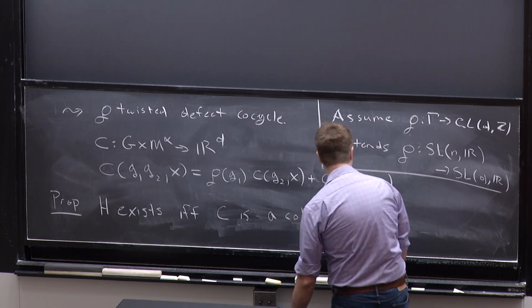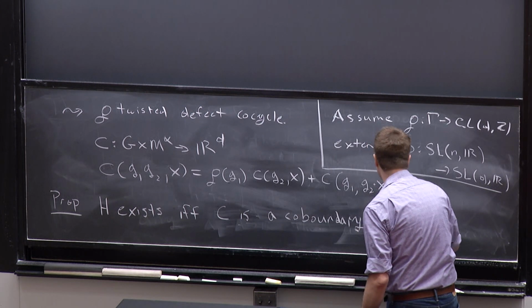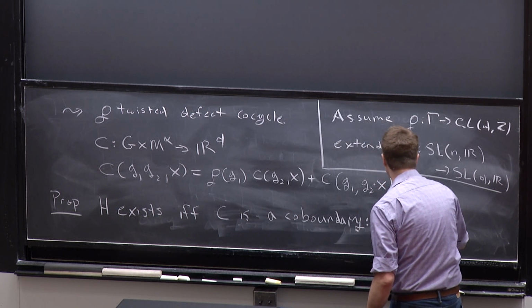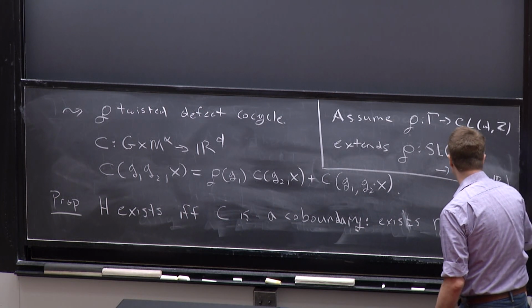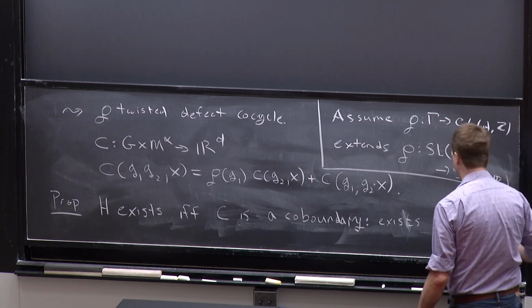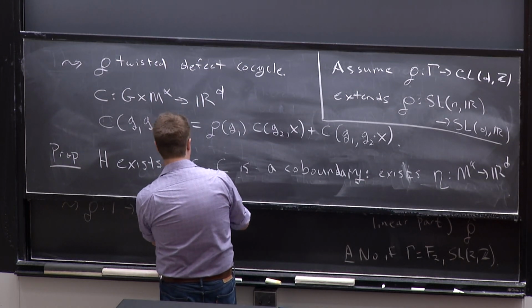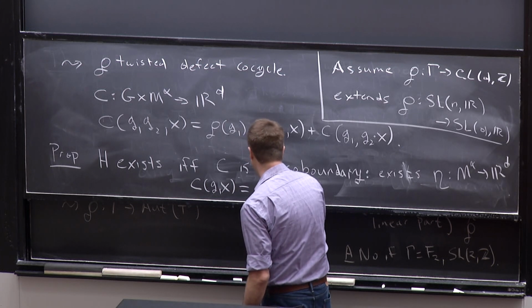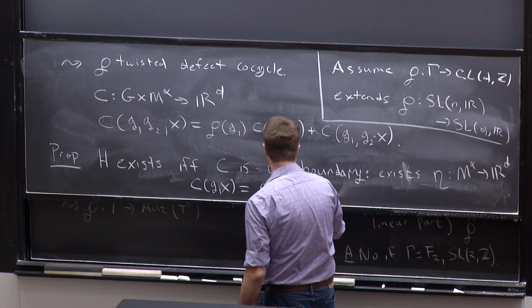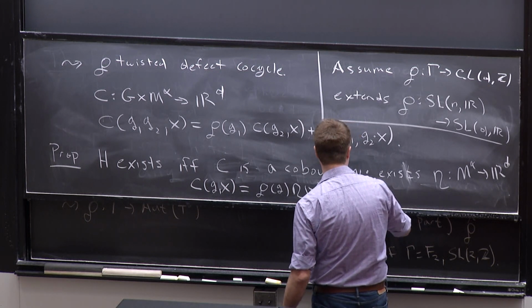So what does it mean to be a coboundary here? It means that there exists some function eta from M alpha to R^D such that C of g comma x is equal to rho of g eta of x minus eta of g hit x.